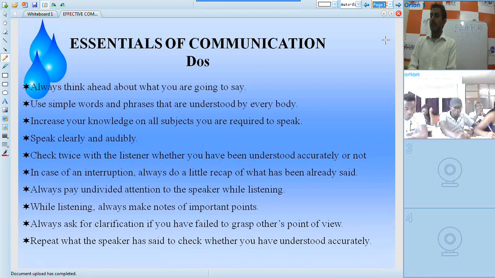Before saying or conveying anything to others, you need to think on that topic. Always use simple words or phrases that are understood by everybody. The phrases and words used during communication must be simple so that everyone can easily understand.